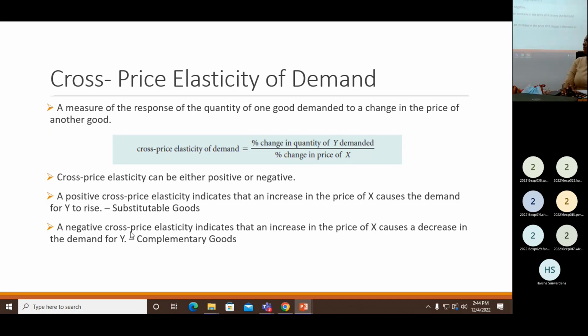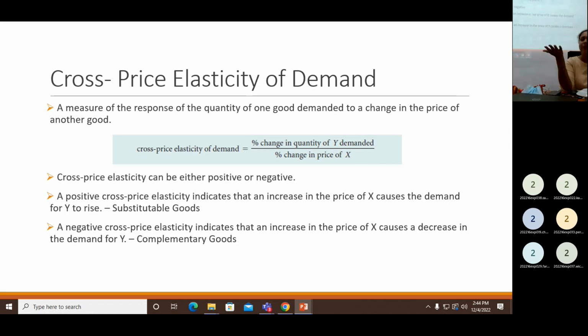With regards to complementary goods, what happens is when the price of, let's say, battery increases, demand for battery-related torch decreases, because now there are other torches which you can charge from electricity and other sources.